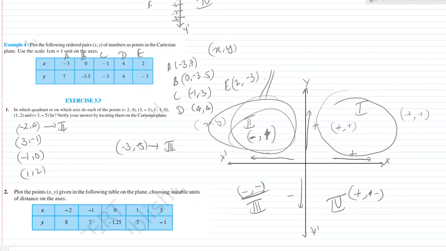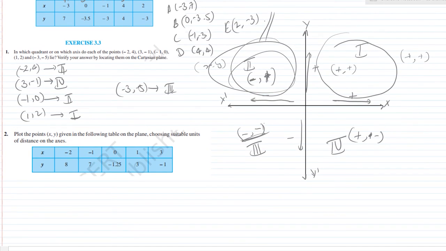And for 3 comma minus 1, 3 is positive and minus 1 is negative, right? So it lies in the fourth quadrant. Minus 1 comma, so negative comma plus, so it's our second quadrant. And this 1 comma 2, it's positive and positive, right? So it's our first quadrant. Fine.